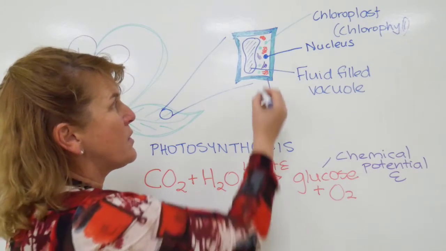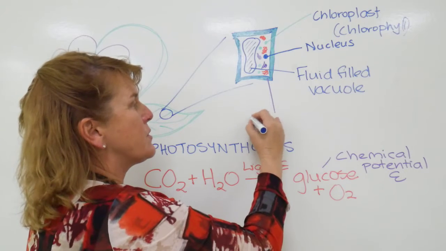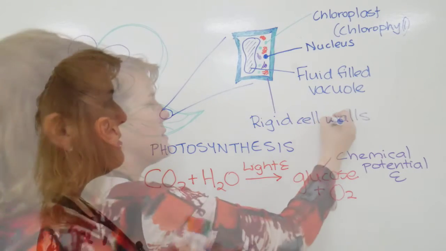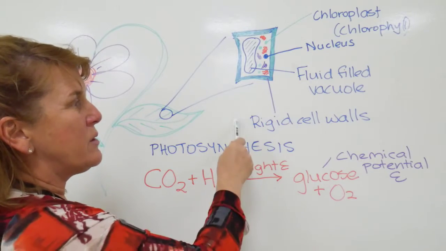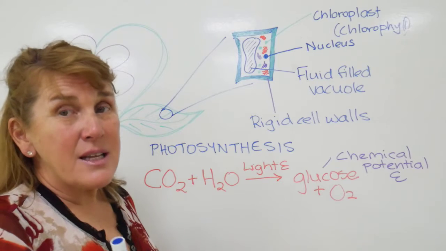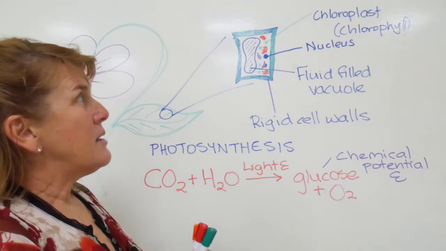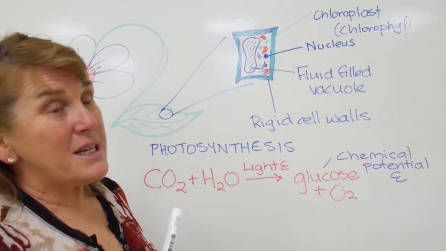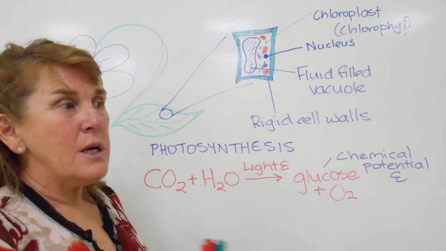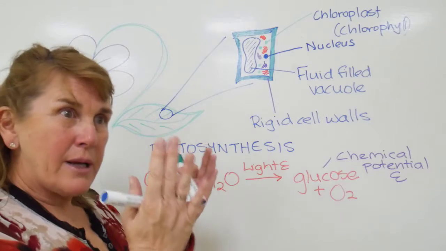And then they also have very rigid cell walls. The point about the fluid-filled vacuole and the rigid cell walls is that plants don't have skeletons to hold them upright. And so even though we're busily talking about energy systems, the other thing that plants need to do at the cellular level is have a mechanism for holding the plant upright.